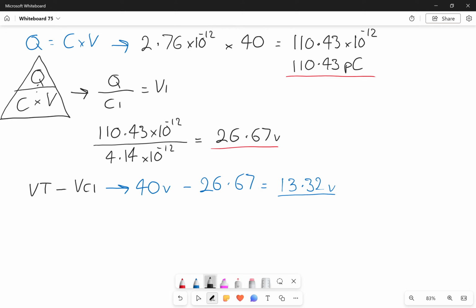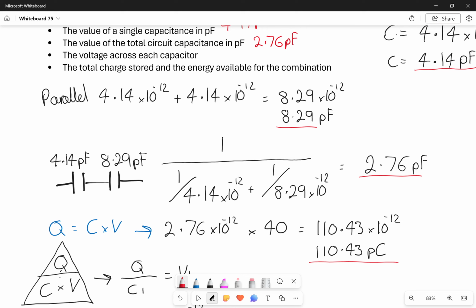So effectively, that is C1V, C2V is equal to that 13 value there. So that is that part of the question solved, which leaves us really with one final step, and that is the total charge stored and the energy available for the combination.